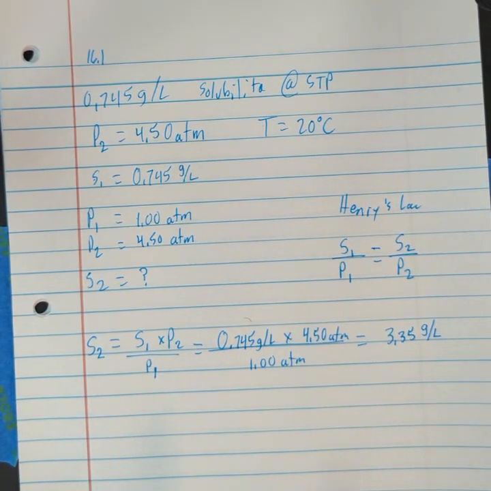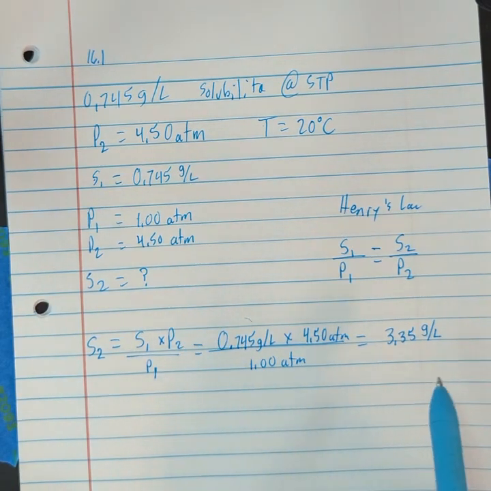So we increased the pressure, and we also increased the solubility. The solubility increased to 4.5 times its original value, which makes sense for a direct relationship. So we increased one thing, and the other thing increased as well.